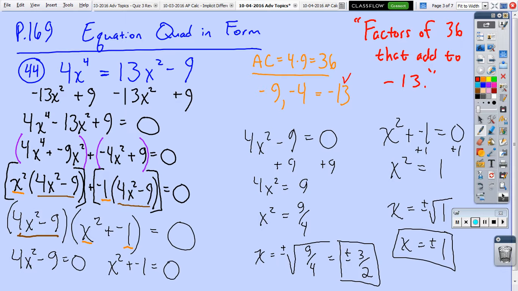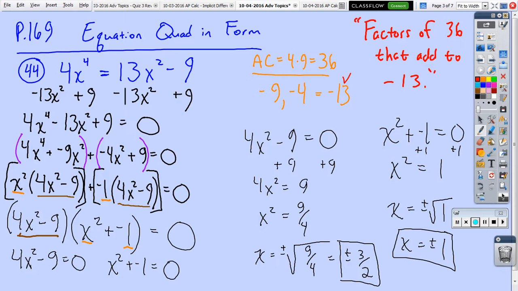Because a negative times a negative is a positive, and a positive times a positive is a positive. So you have to consider both. Otherwise you're missing some solutions. That's why it might be safer if you know difference of squares, then you can't miss it. Because you would write 2x plus 3 times 2x minus 3 equals 0, if you recognize difference of squares.